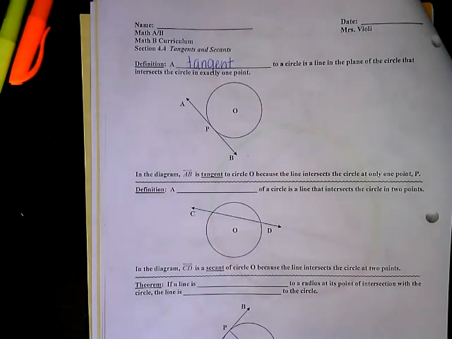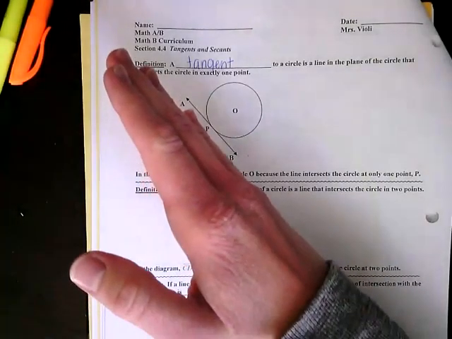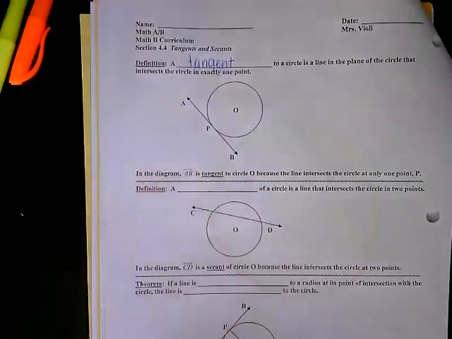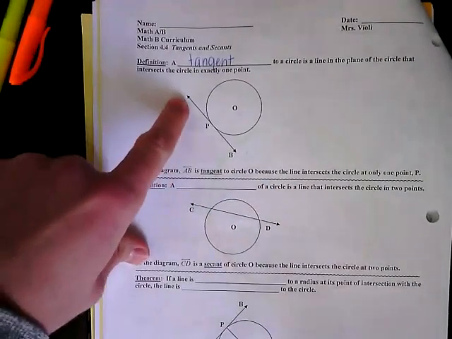Another way to think of the word tangent is that it also kind of means next to or adjacent. So you can think of a tangent line as a line that's next to the circle, if you will.